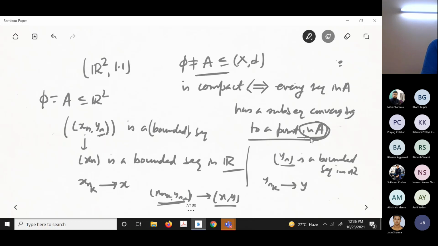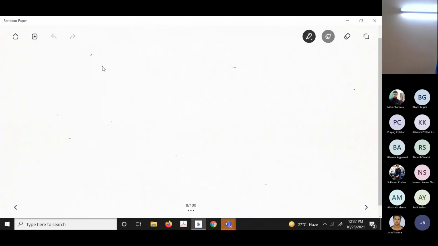That's why I made a comment like this. Well, you can't tell me why the proof is wrong. Let me tell you why the proof is wrong. For xn, yn, look, I am having a subsequence.